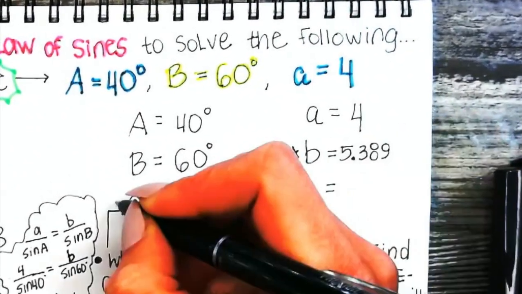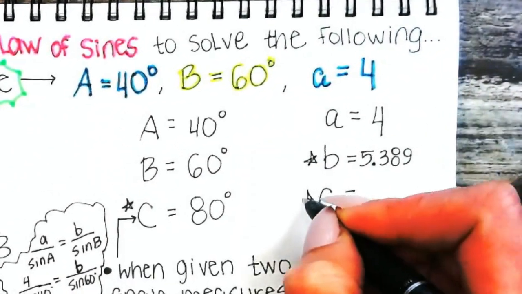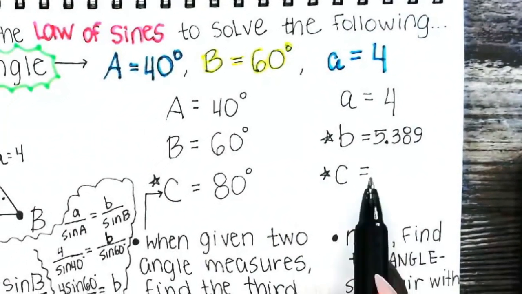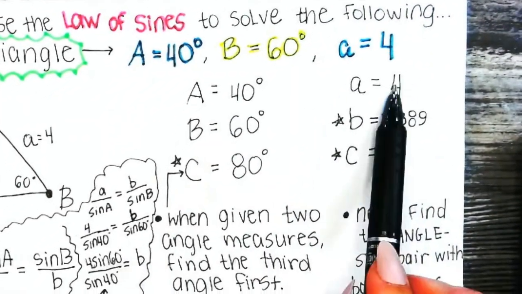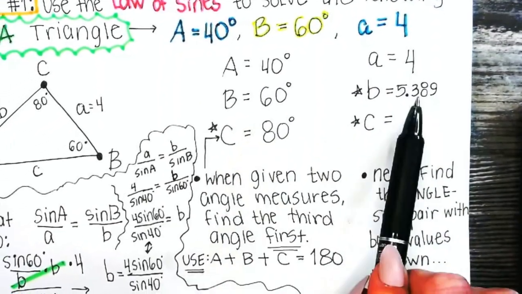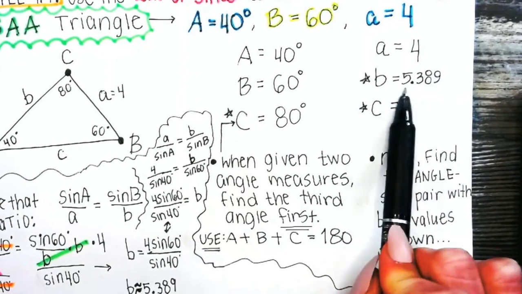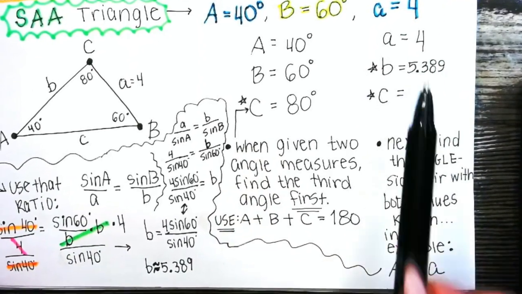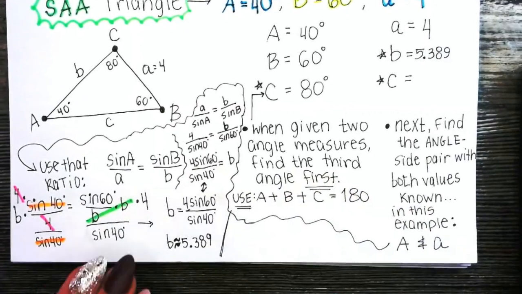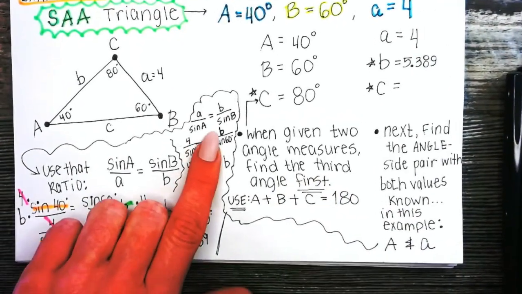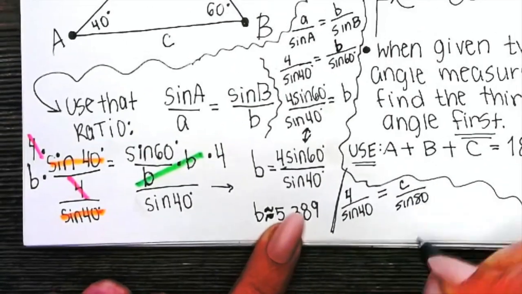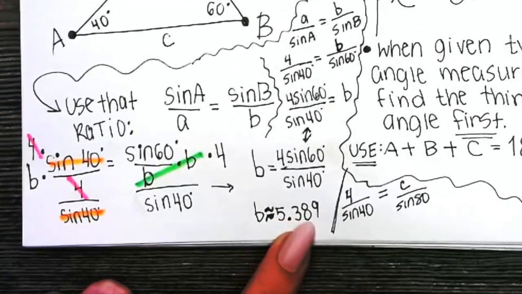Now I'm going to find side C. As a piece of advice, I think it would be a good idea when finding side C to go back and use the whole numbers that we were given at the beginning of the problem, and not to use this pair of angle B and side B because this side length is clearly rounded. I'm going to set this one up the way I did this one right over here. 4 over sine 40 equals C over sine 80.